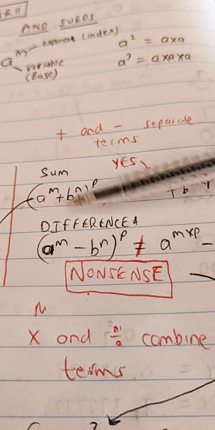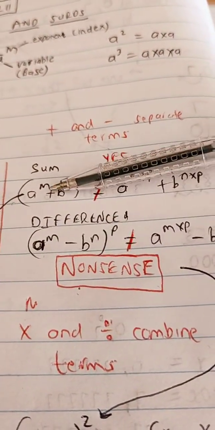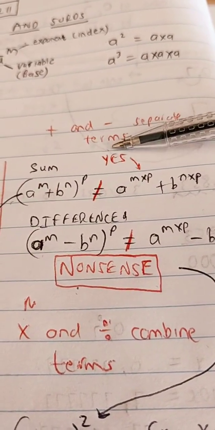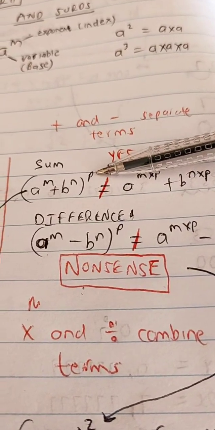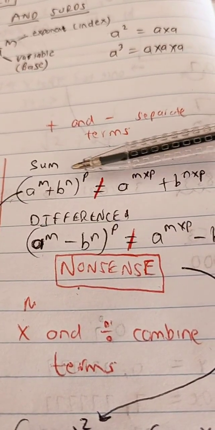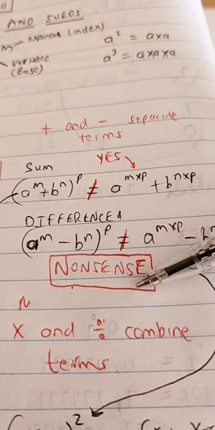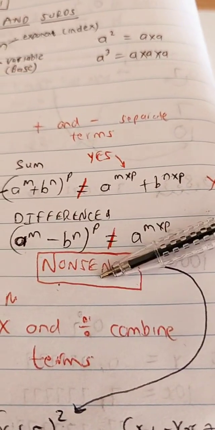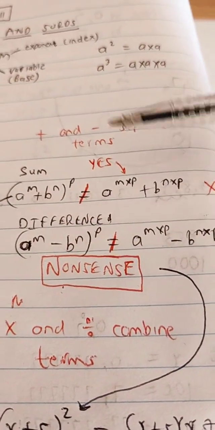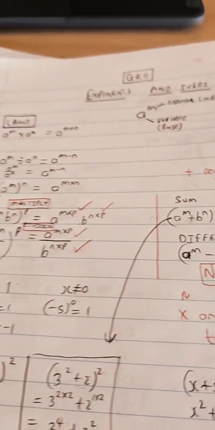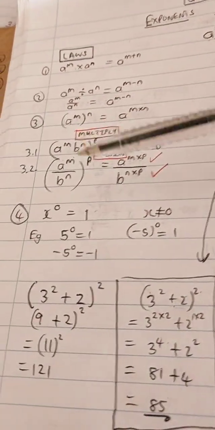With the sum and the difference, we know that plus and minus do what to terms? They separate them. So therefore, we do not say that we can multiply the exponent where there's addition and subtraction. We can't do that. It's absolute nonsense to actually do that. So as long as we know the rules and the laws that apply to exponents, then we will always be winning, if you ask me.